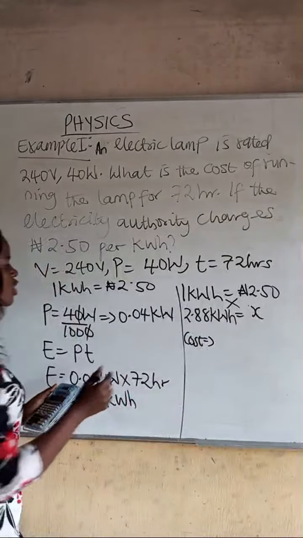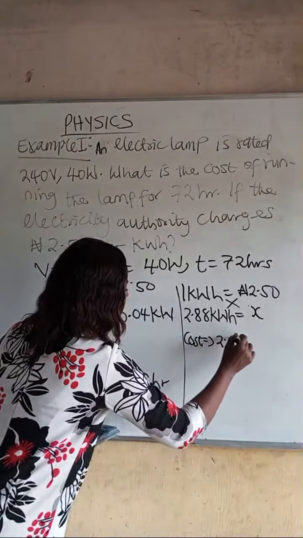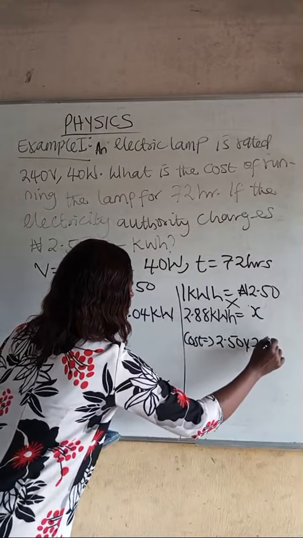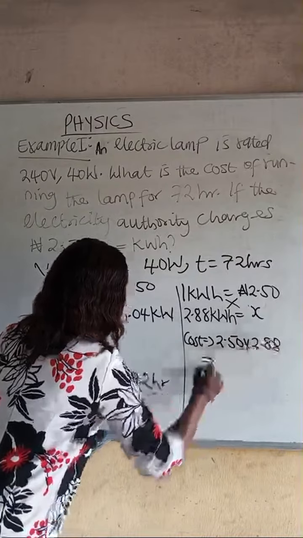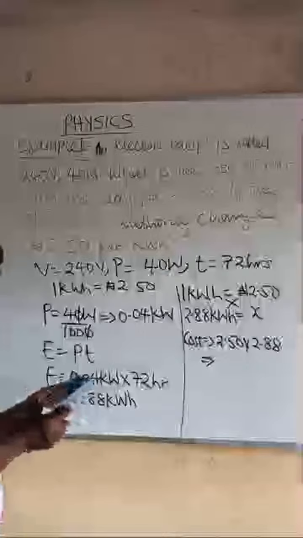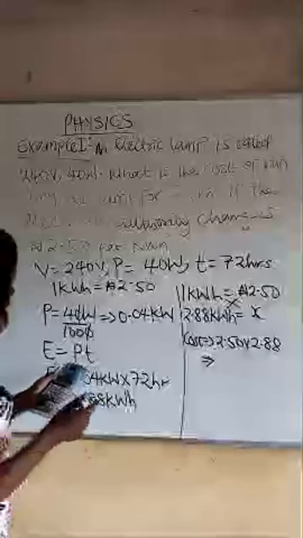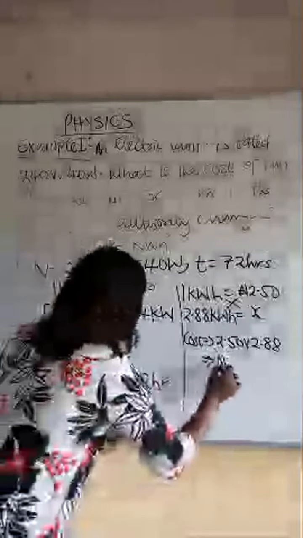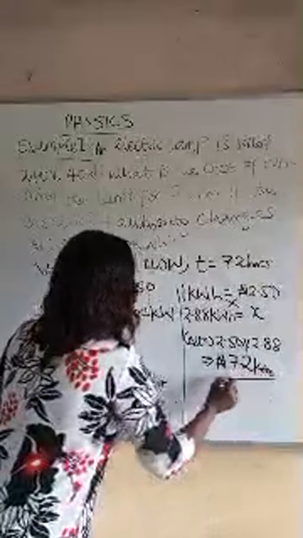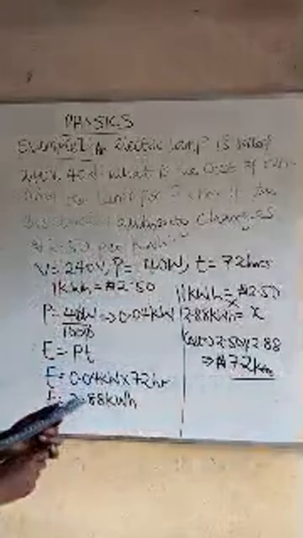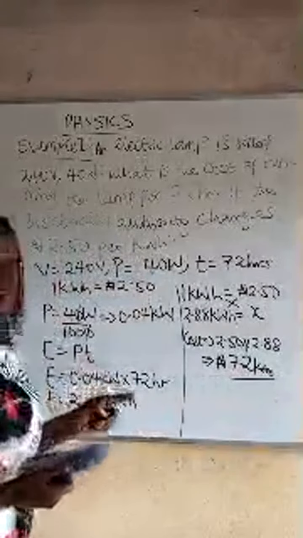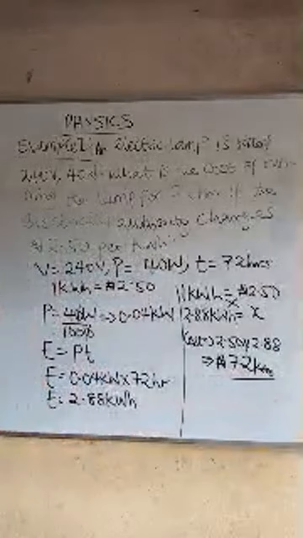So I multiply 2.50 times 2.88, and I have 7 naira 2 kobo.